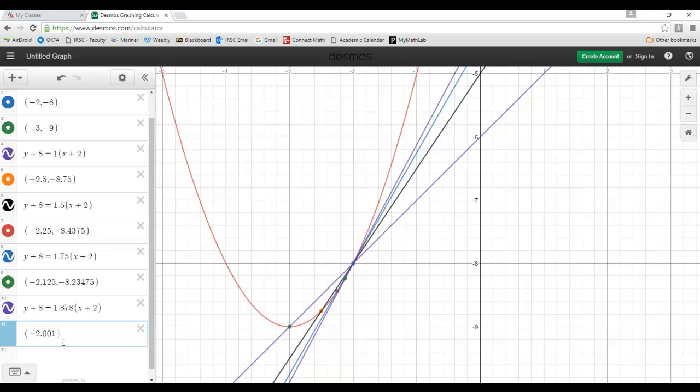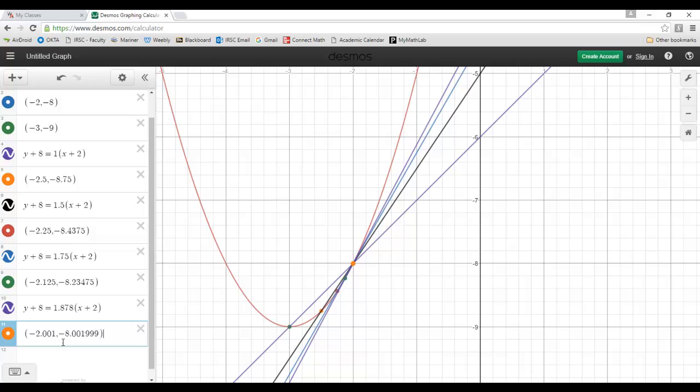Now, what's f of that value? Well, I don't know. Let's see here. 6 times -2.001 plus -2.001 squared. I get -8.001999. Okay?